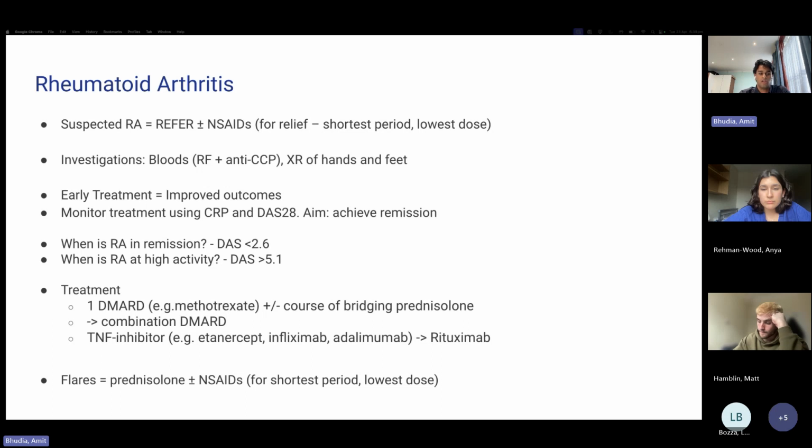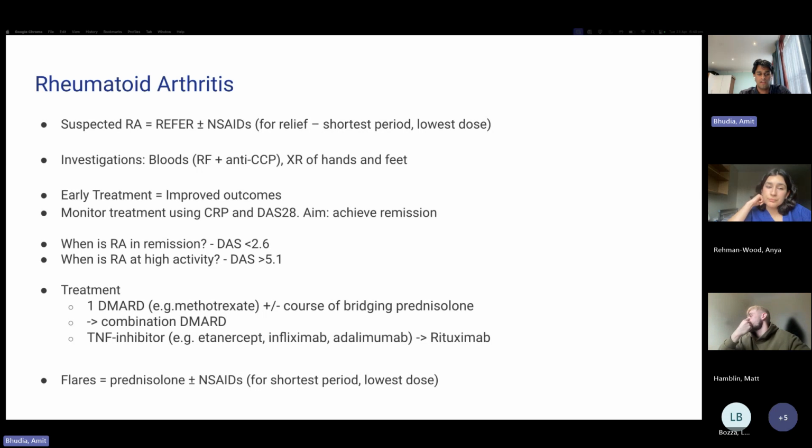And then whilst you're starting them on this DMARD, you may give them a course of bridging prednisolone. And then if this doesn't help their symptoms and bring down their DAS score, you would give them 2 DMARDs. And then again, if this doesn't bring down their DAS score, you'd try some biologics.